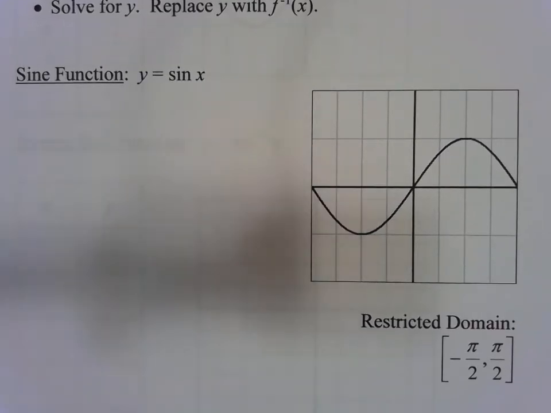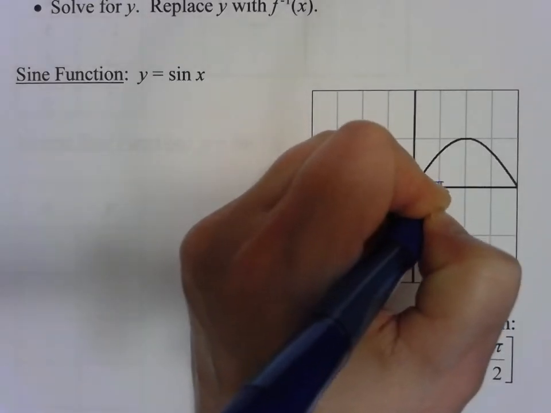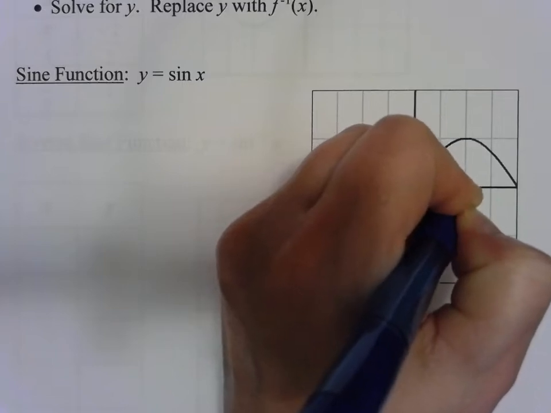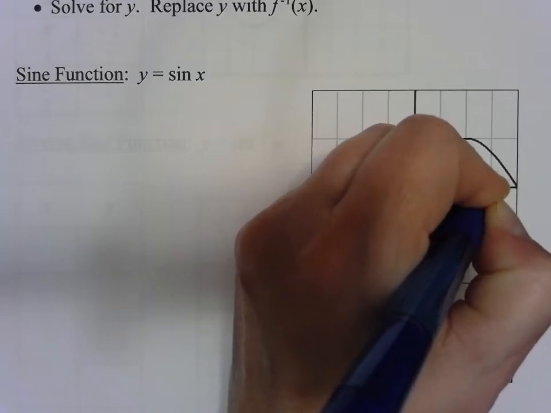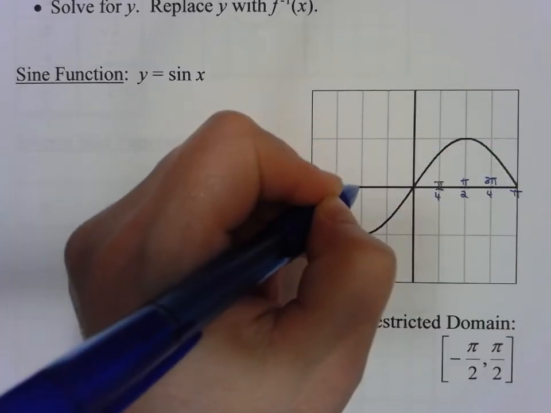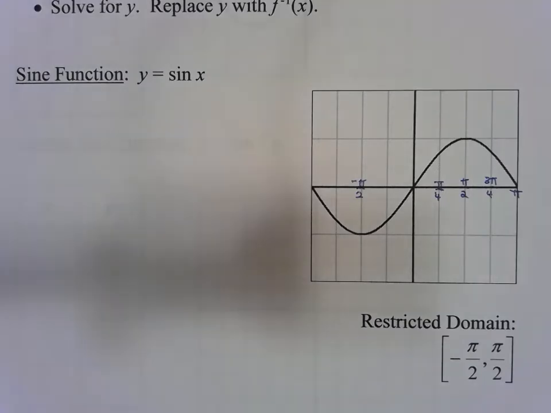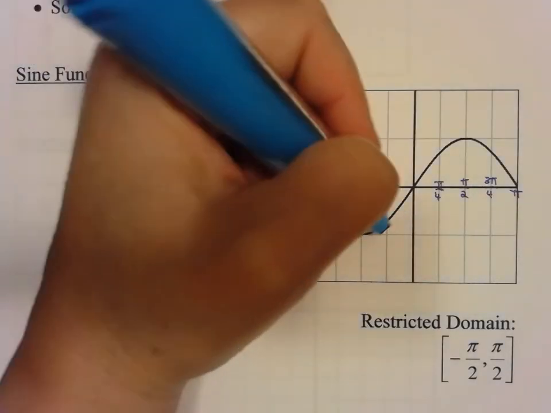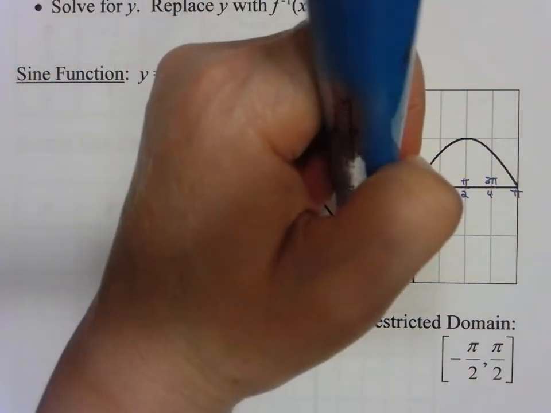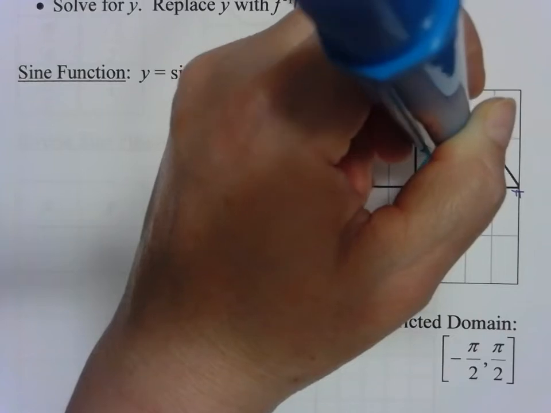In this graph, each tick mark is pi over 4. To go from negative pi over 2 to positive pi over 2, we're really talking about this piece of the graph right here in the center.